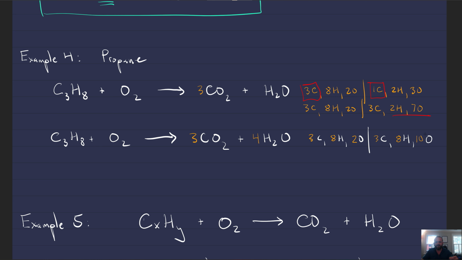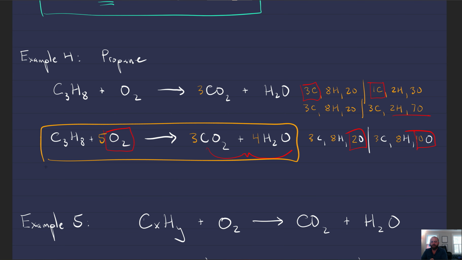So we're looking at the number of oxygens on this side versus over here. So 10 versus 2. Well, all we have to do here is put a 5, and we get our balanced equation. Okay, those are the specific examples I wanted to show you.